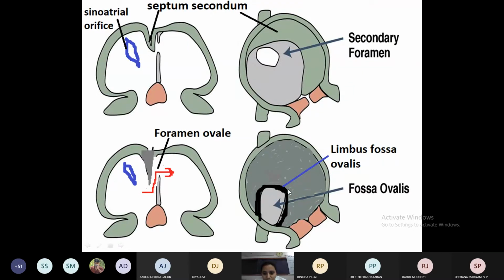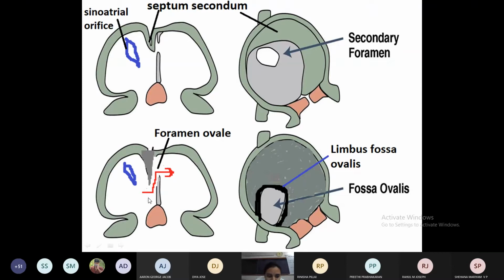So when we view it from the lateral side, we can see this gray wall is the septum secundum. It has a crescentic margin below, which is called the limbus fossa ovalis. On the other side, we have the fossa ovalis.